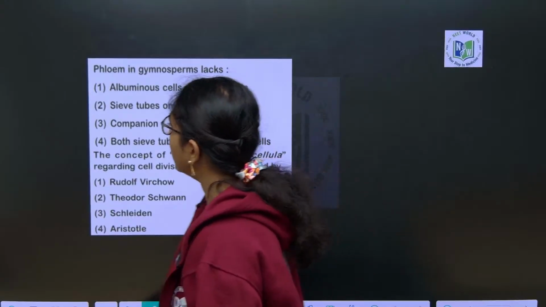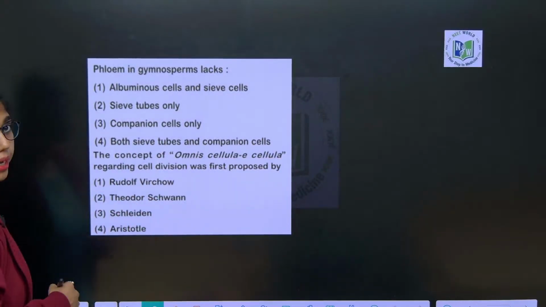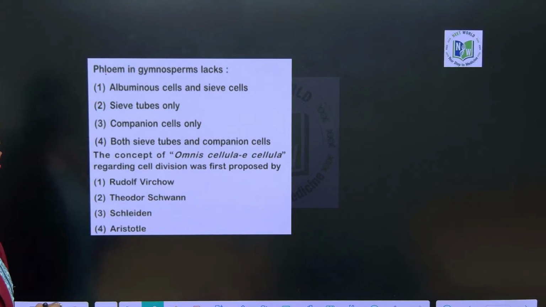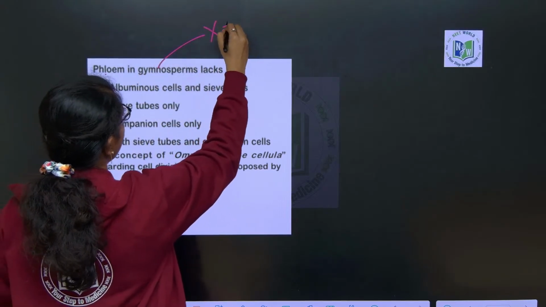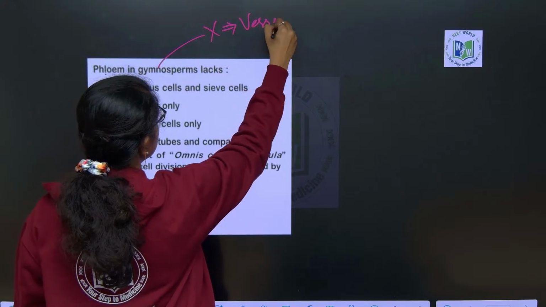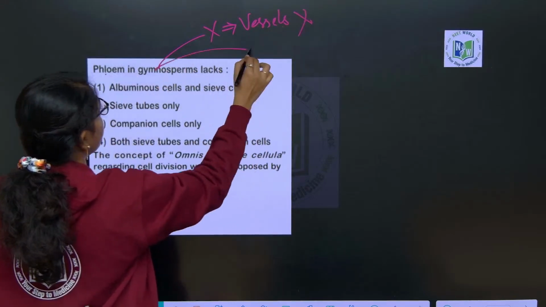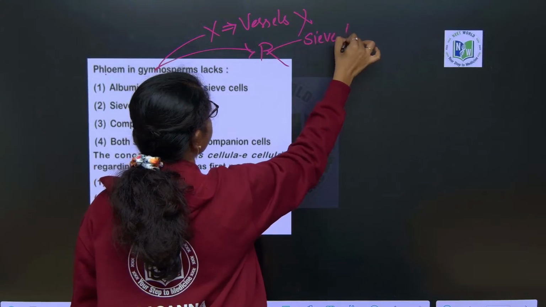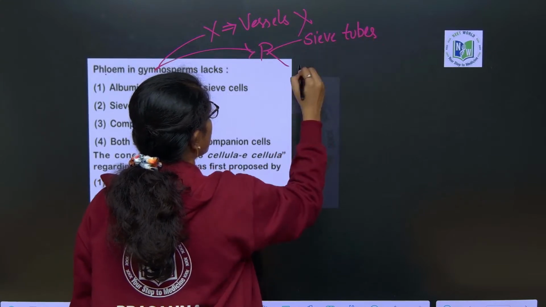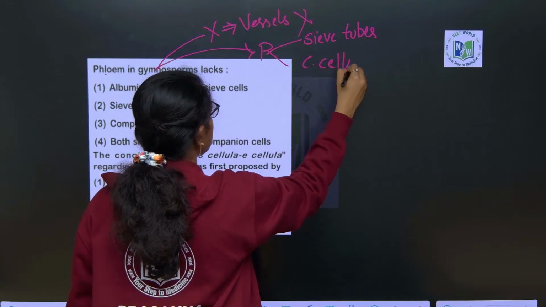And then this is from the plant kingdom again. Phloem in gymnosperms. In gymnosperms, the xylem doesn't have vessels. Vessels are absent. The phloem doesn't have sieve tubes and companion cells.